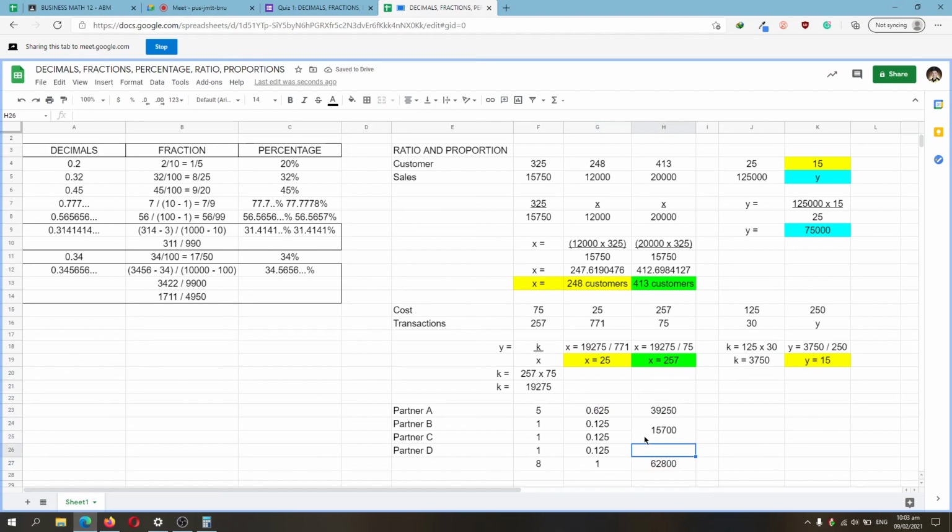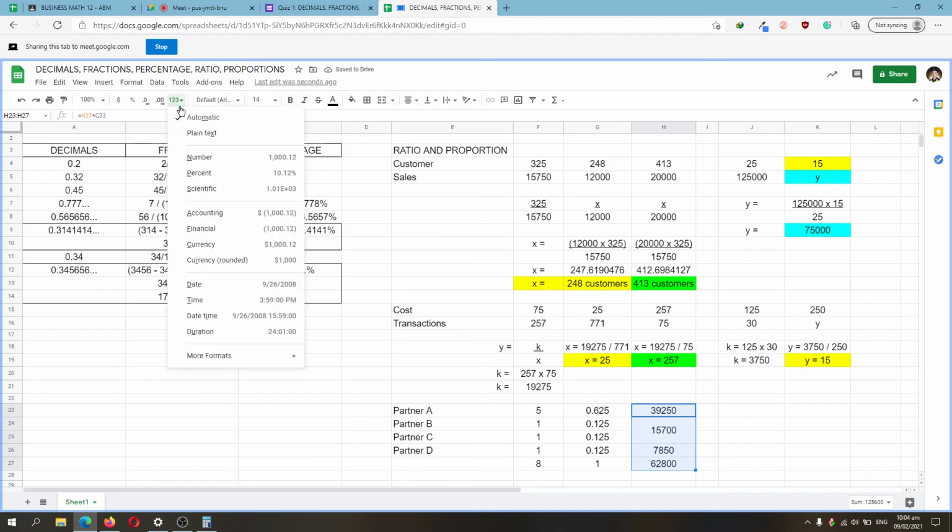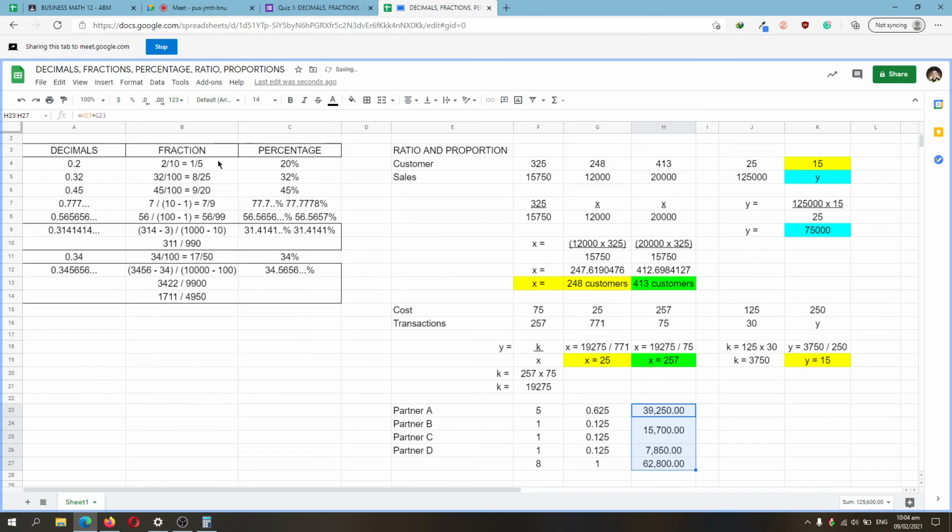And then ito, i-less lang natin ito doon sa dalawa. So, that is 7,850. So, ito yung sagot natin. Yan. So, 7,850 times 2, that is 15,700. So, pag silang tatlo, in-add mo, that is 23,550. So, ganoon lang sinasagutan yung isa nating ratio and proportion.